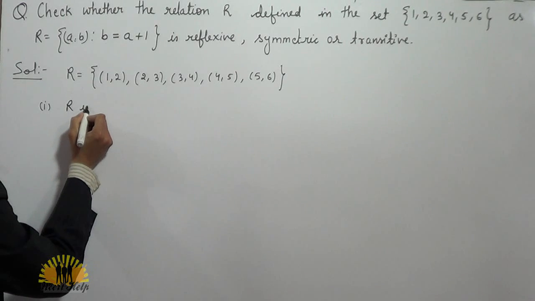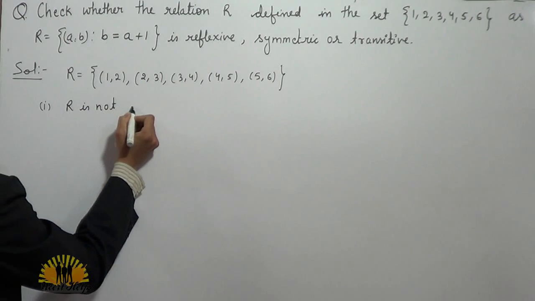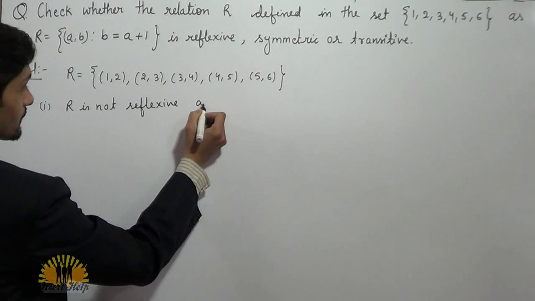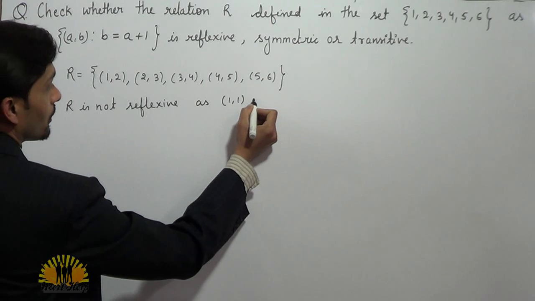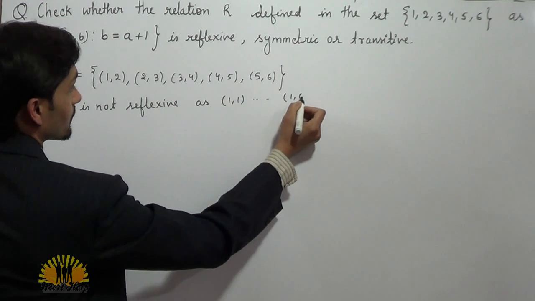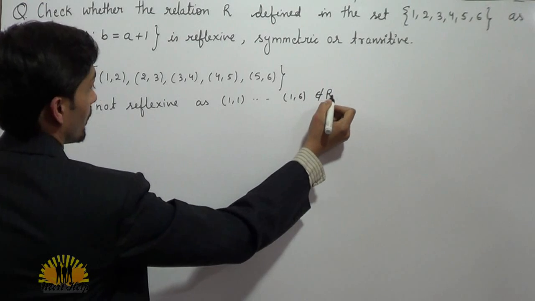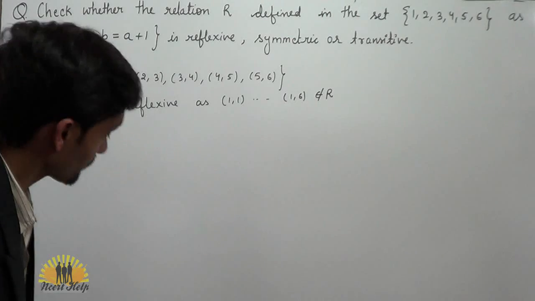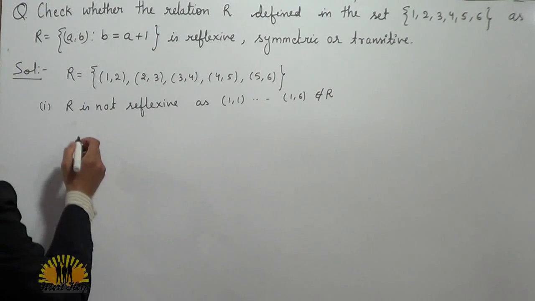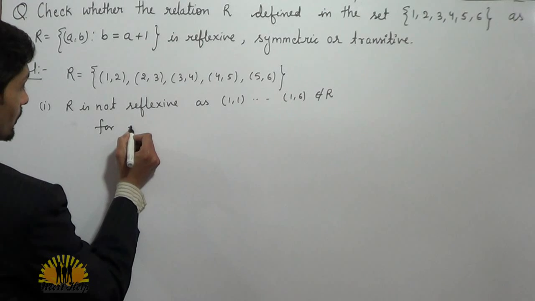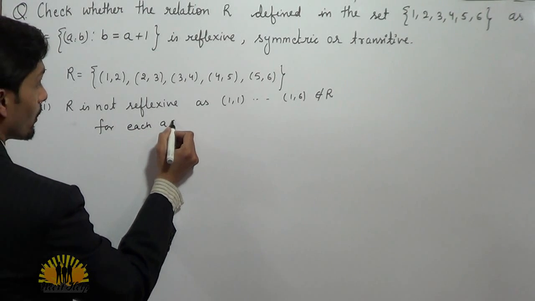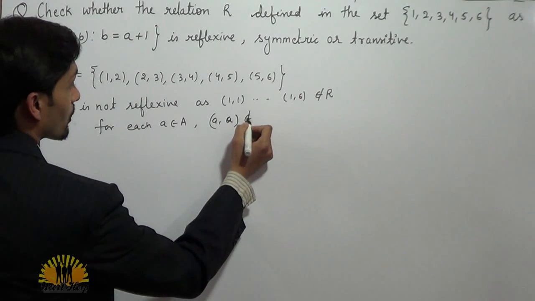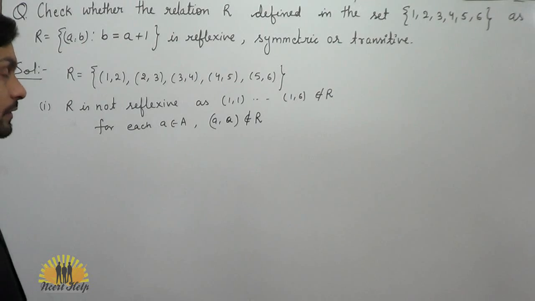So, R is not reflexive, as (1, 1) up to (6, 6) do not belong to R. Or we can say, for each A belonging to the set A, (A, A) does not belong to R. So R is not a reflexive relation.